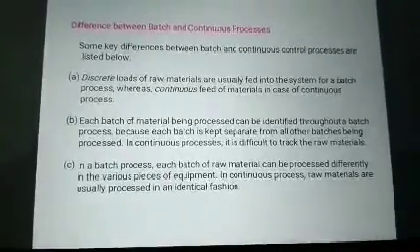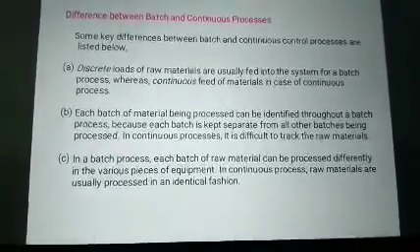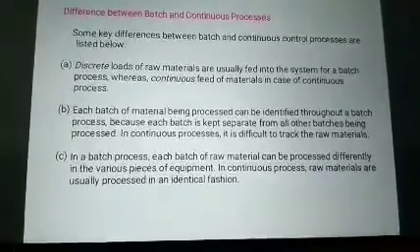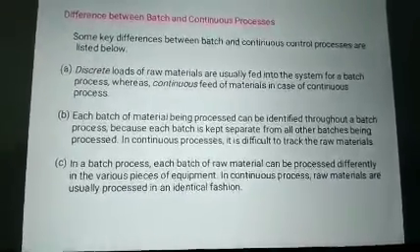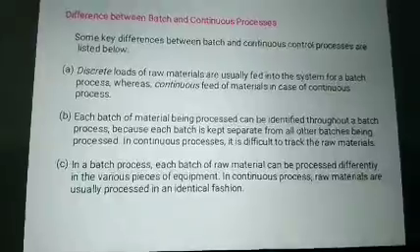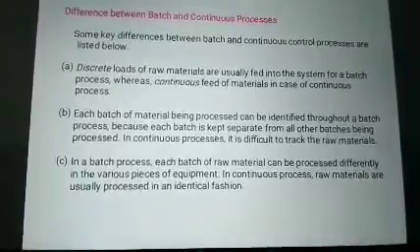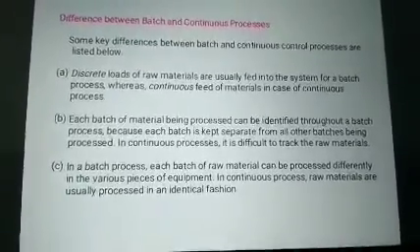Each batch of material being processed can be identified throughout a batch process because each batch is kept separate from all other batches being processed. But in a continuous process, it is very difficult to track the raw materials.